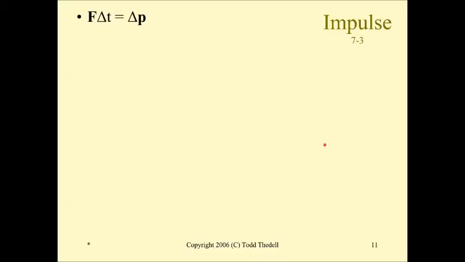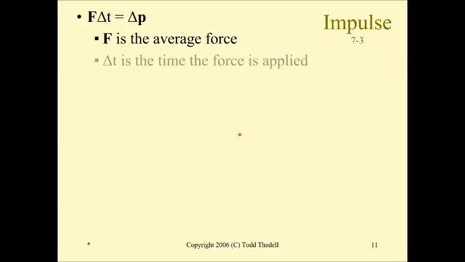So what we can do with this is we can look at the formula for impulse and analyze each part. F is the average force that's exerted over the time. So even if the forces change during that time, we still just want the average force.